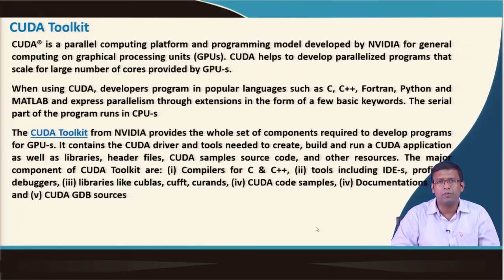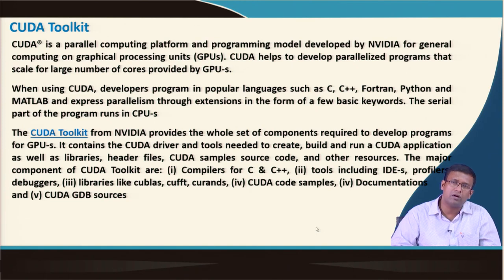The important components are compilers for C, C++, different tools, profilers, debuggers. The libraries like cuBLAS, cuFFT, cuRAND. BLAS is the basic linear algebra library. Many linear algebra solvers, matrix solvers are included in BLAS.